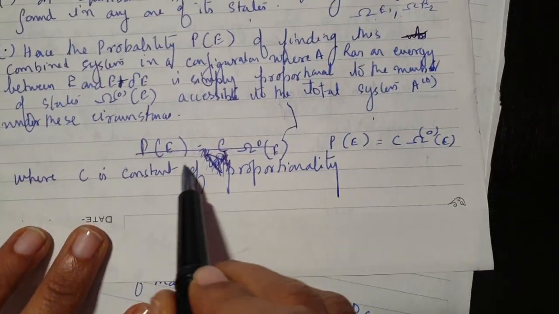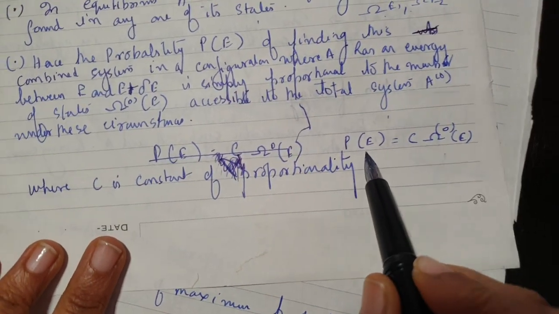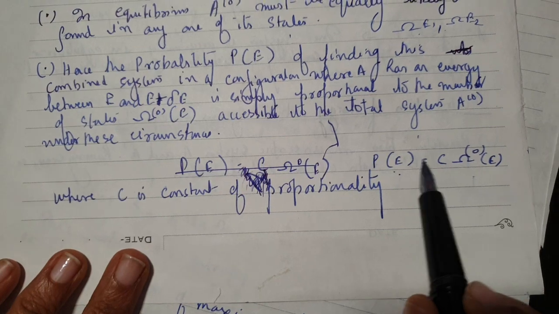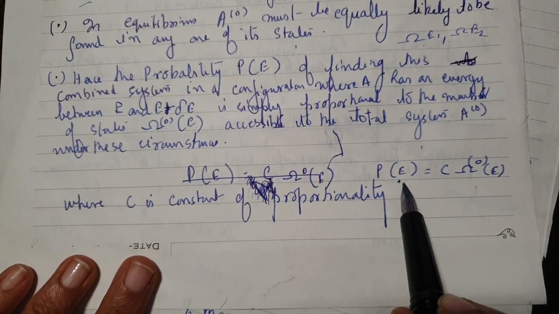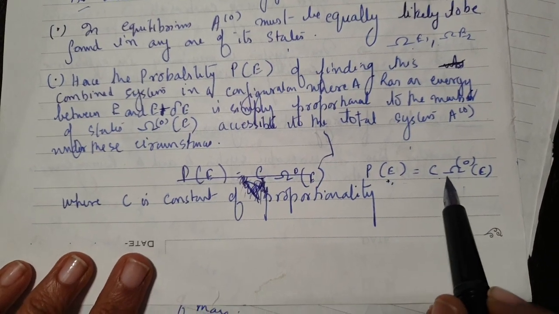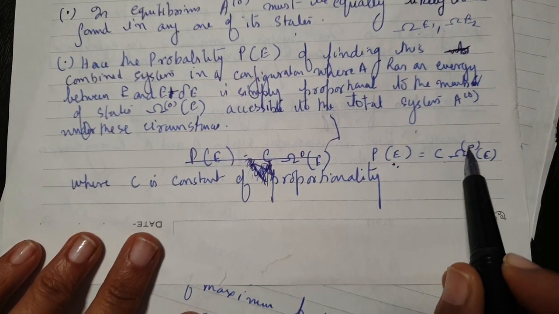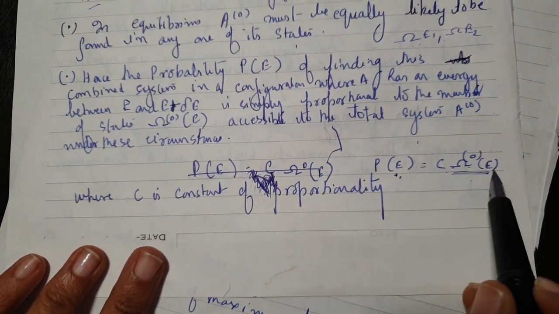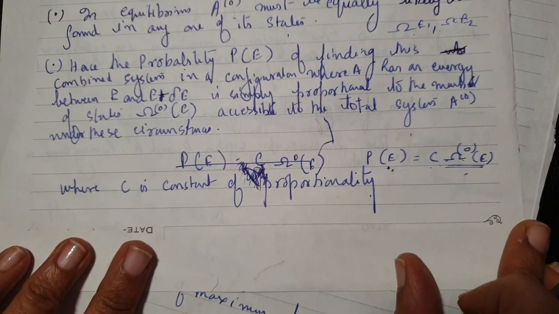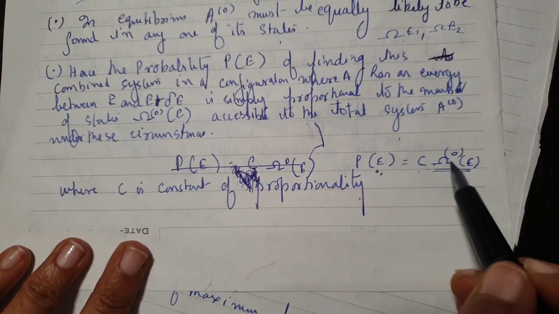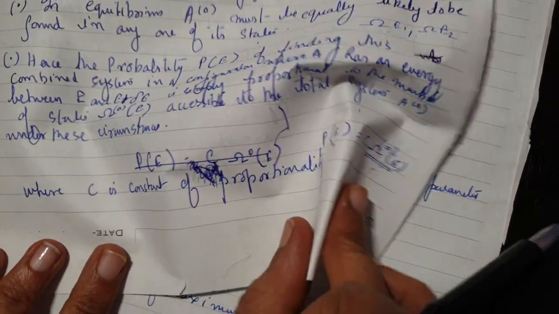P(E) is the probability of finding the entire system when the system A has an energy of E. So it is given by C into omega naught of E. This means the total number of states accessible to the whole system, and C is just a constant of proportionality, because probability is proportional to the number of accessible states.